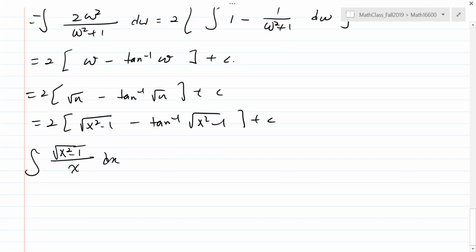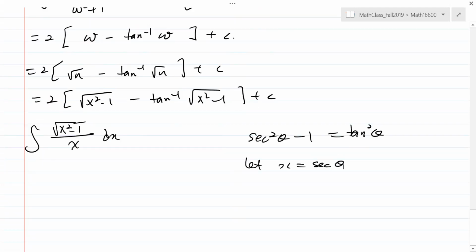We know that secant squared theta minus 1 equals tangent squared theta. So in the place of x should be secant theta. So let's try this. You let x to be secant theta.